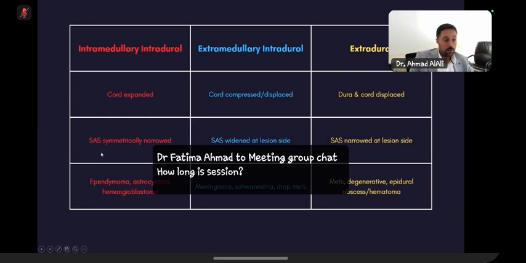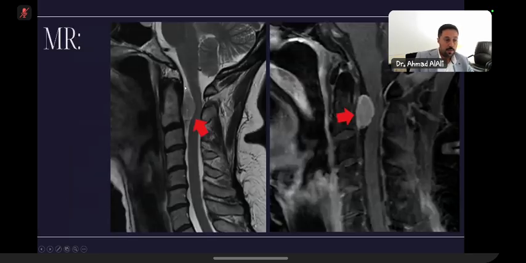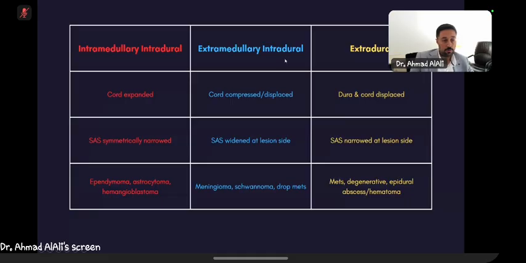The intramedullary intradural lesions symmetrically narrow the subarachnoid space, while the extramedullary ones widen the subarachnoid space at the lesion site. If you can see here, the subarachnoid space is widened at the side of the lesion while it's compressed on the other side. This is a sign that it is in the extramedullary intradural category. The extradural ones narrow the subarachnoid space on both sides actually.